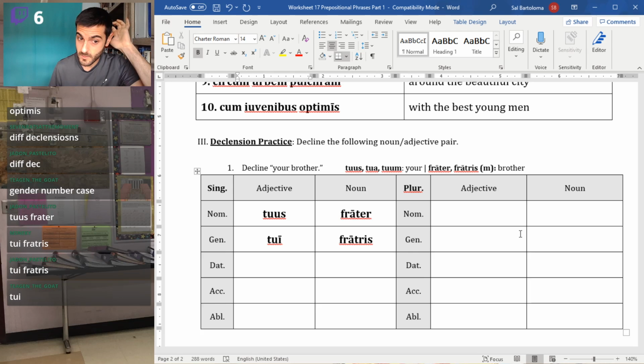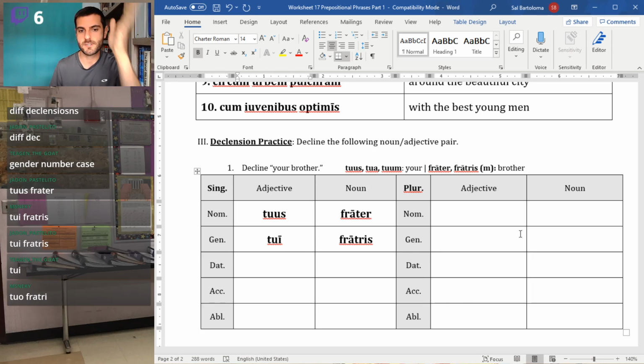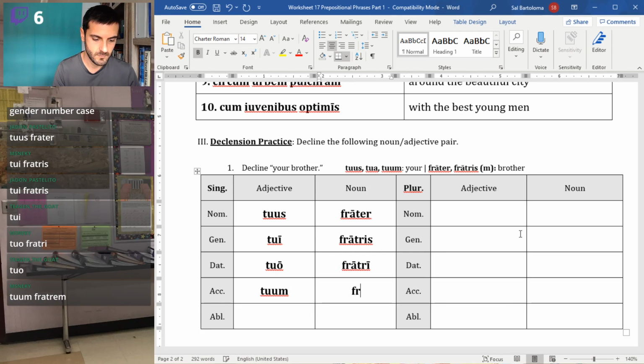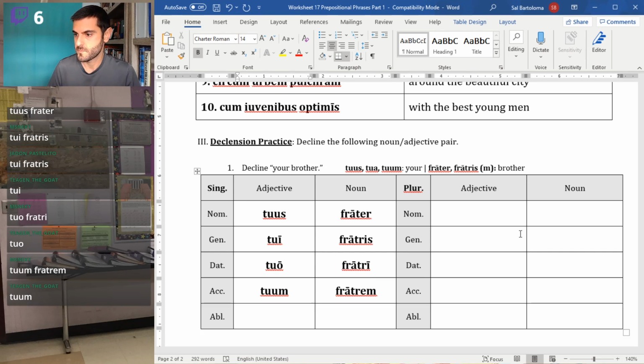Excellent. Right, second declension on the adjective, third declension on the noun. Tua fratri. Excellent, excellent. In the accusative, the most predictable of the cases, tuum fratrem. Always with those M's, unless it's neuter. Tuum fratrem.